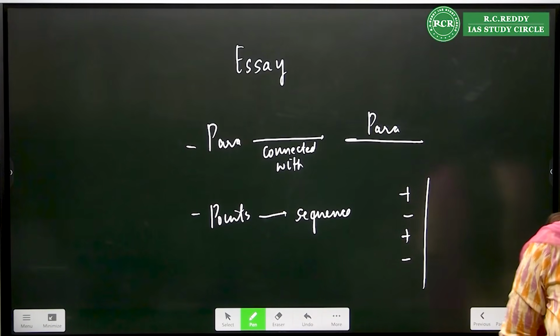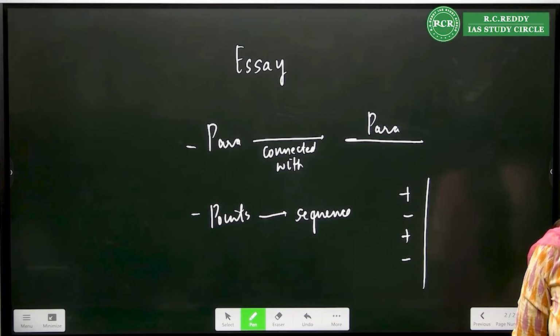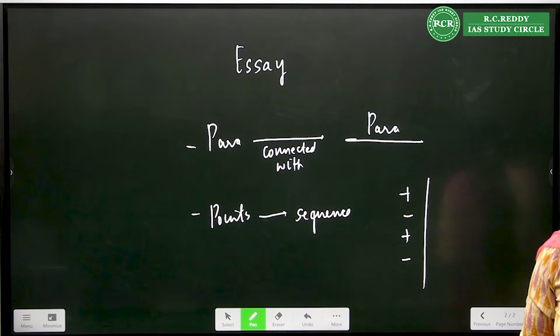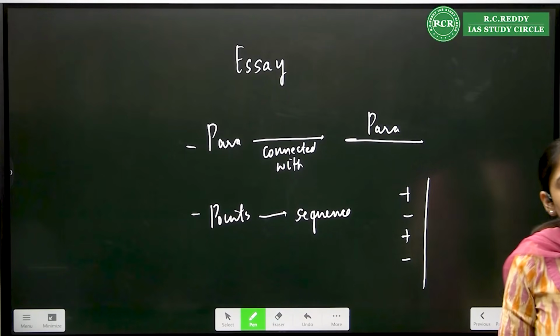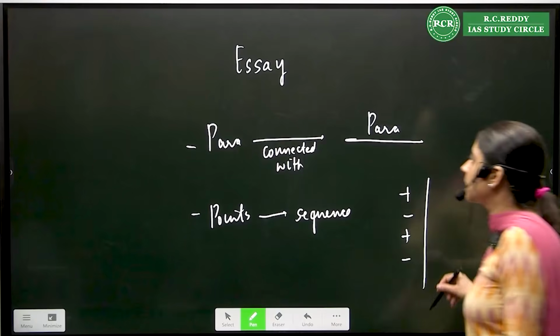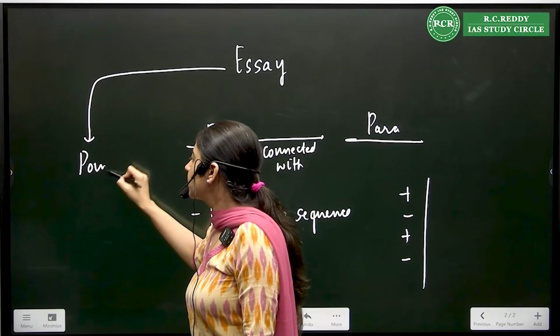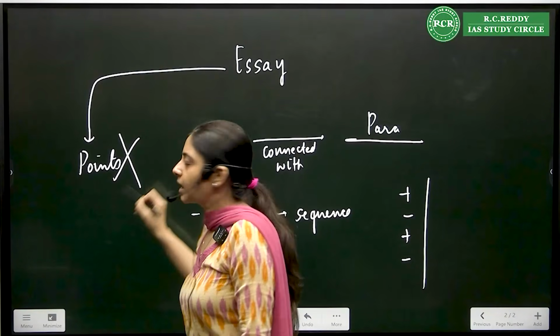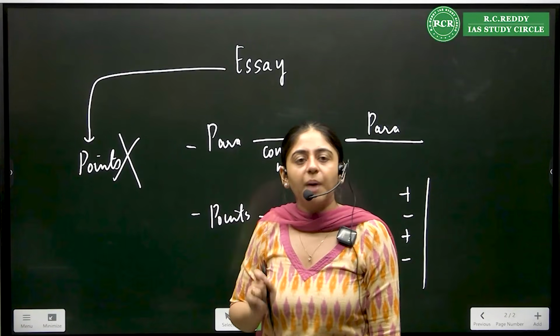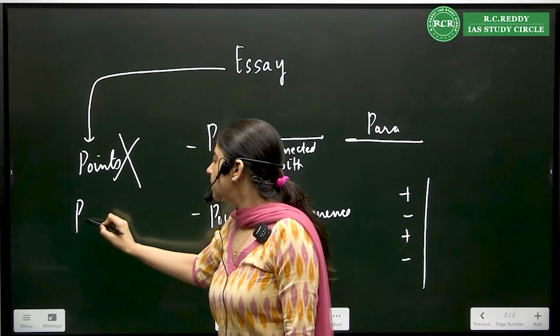Forget about your answer writing, that's a different thing. Essay writing is more like expressing your thoughts. GS is more description based, in a technical way. You give headings, write in points. One thing you should also know: an essay should never be written in points. Essay is always in paragraphs. It's the unwritten rule.